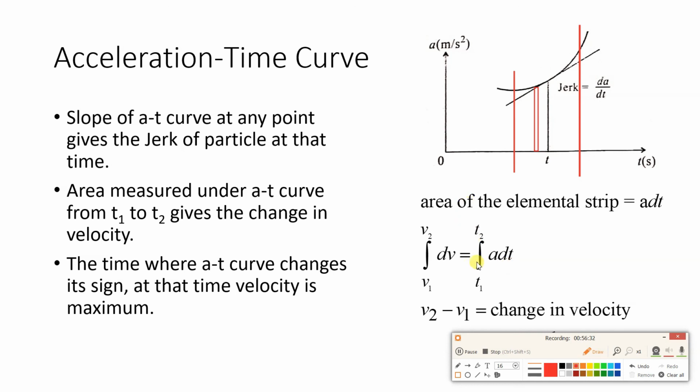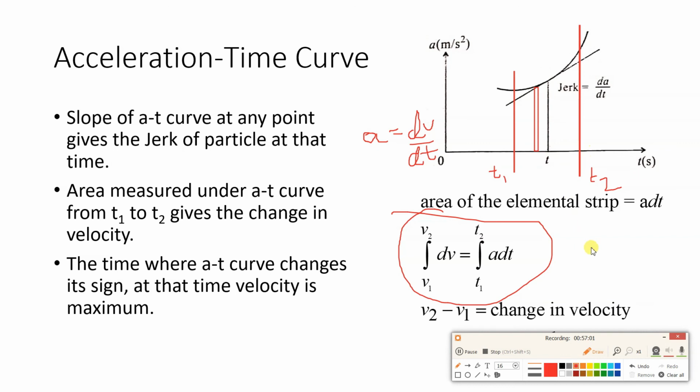Now if you consider equation of acceleration, what is acceleration? Acceleration is equal to dv by dt. So from here, dv is equal to acceleration into dt. Same thing has been shown over here. So we have a dt, we integrated it from limits t1 to t2 to calculate total area.